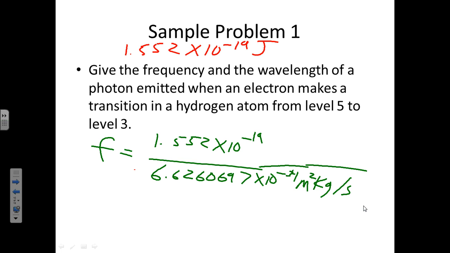Joules. Now, we'll learn a lot more about how to deal with these units later on in this class, but a joule is actually equal to a Newton times a meter. And a Newton is equal to a kilogram times a meter over a second squared. So these units are going to show us something.